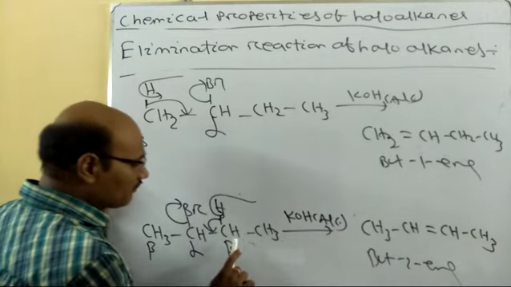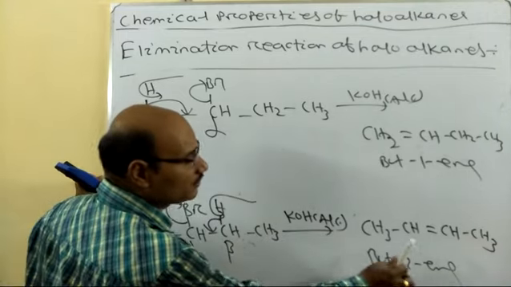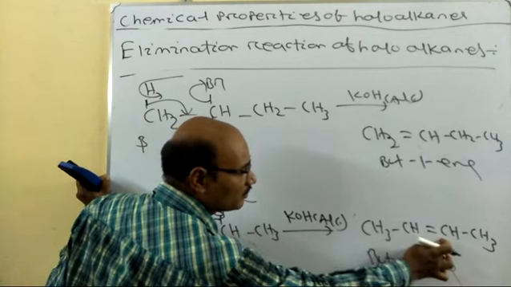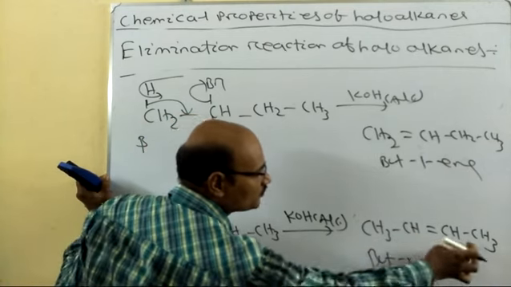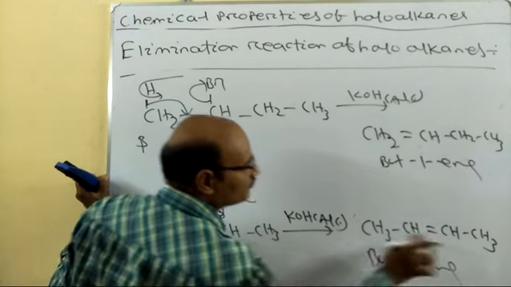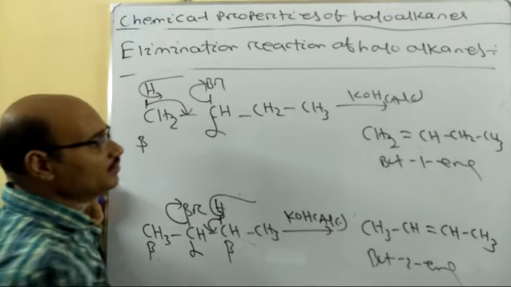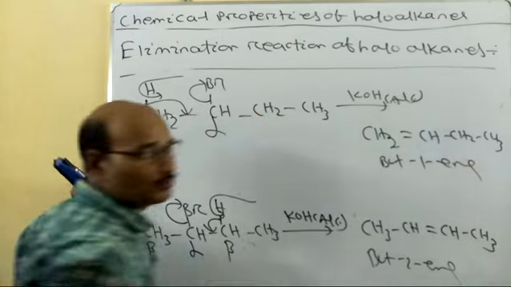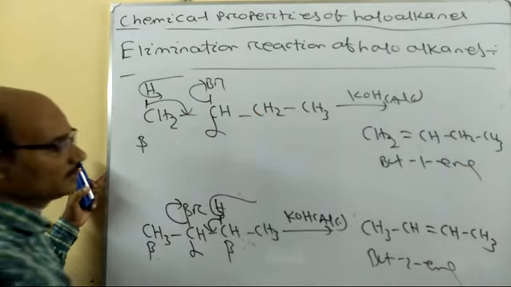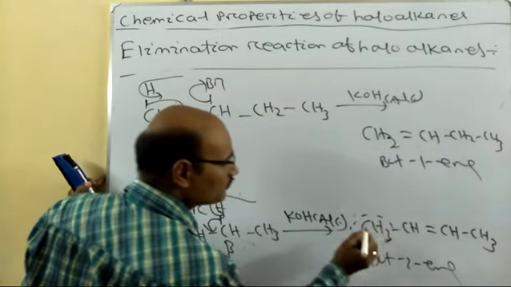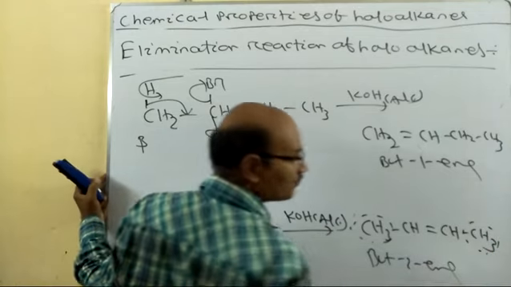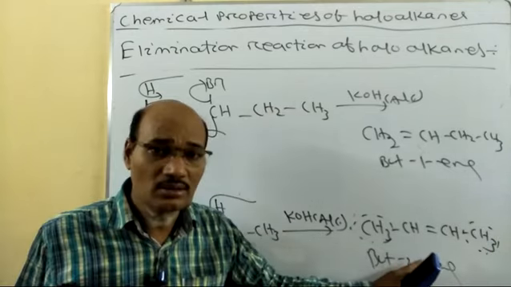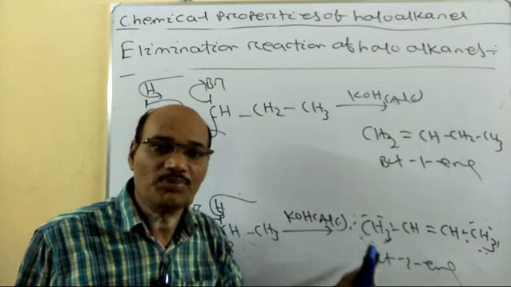So when I am getting this one, this carbon-carbon double bond contains two alkyl groups. But here you see this carbon double bond contains only one alkyl group. Now this alkyl group attached to the carbon-carbon double bond may undergo hyperconjugation.